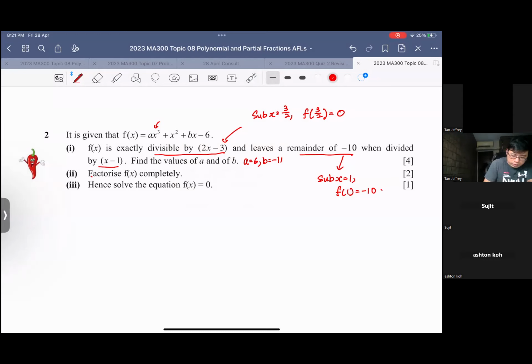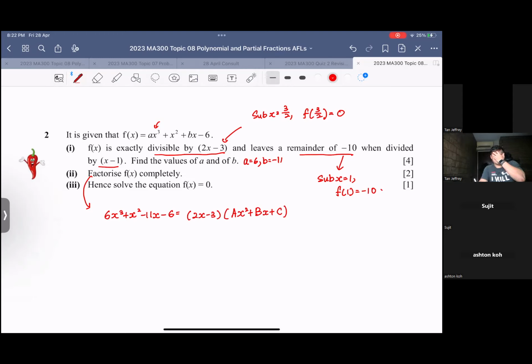So after that, you need to factorize. The nice and beautiful thing is that after you got A equals 6 and B equals negative 11, you have 6x cubed minus 11x minus 6. This cubic should be equal to a linear factor, which is 2x minus 3, very nicely, multiplied by some quadratic, which I'm just going to call capital A, capital B, capital C. Our job now is just to find the quadratic.